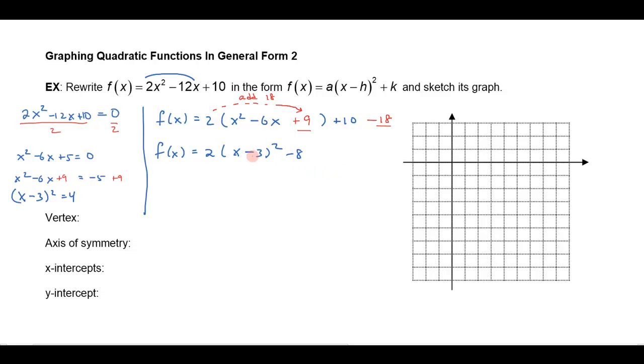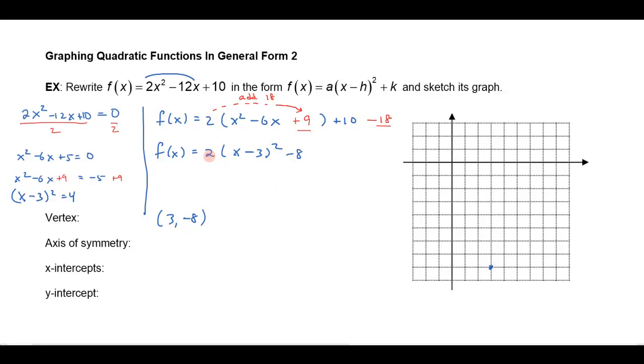I know that this is going to take the graph of x squared and move it 3 to the right, so my vertex is going to be 3, and then down 8, so my vertex is 3, negative 8, and I know that this 2 is going to make it look skinny. So let's go over here 3 and go down 8. There's 2, 4, 6, 8.